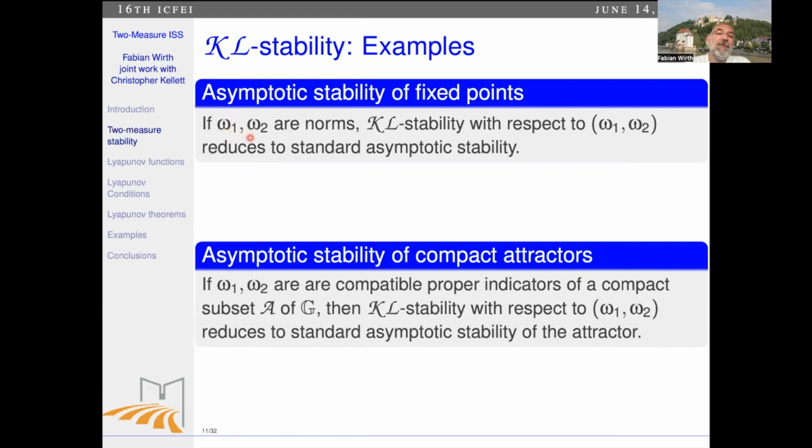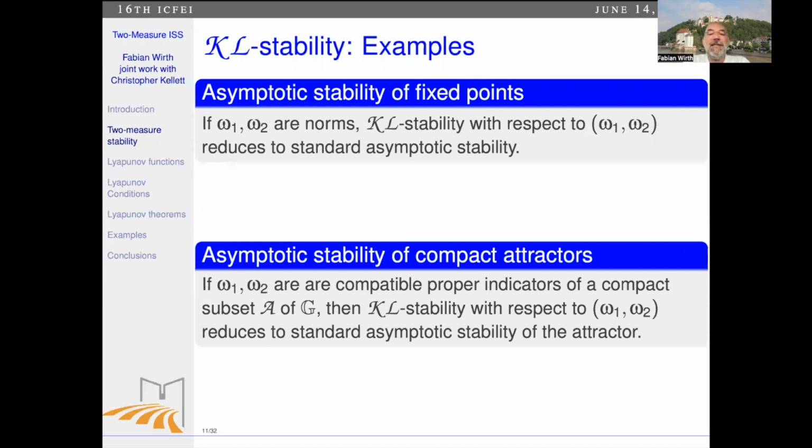If omega-1 and omega-2 are just norms on Rn, which they could be, continuous functions which are non-negative, then KL stability with respect to these two norms is just standard, ordinary asymptotic stability of the fixed point, which will then be located at 0. So in that sense, it captures that.